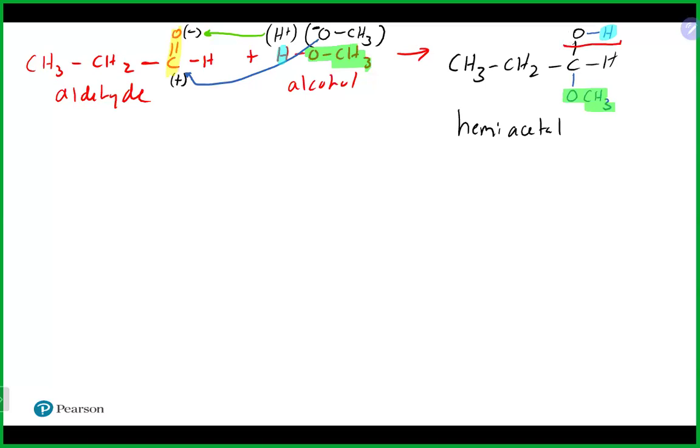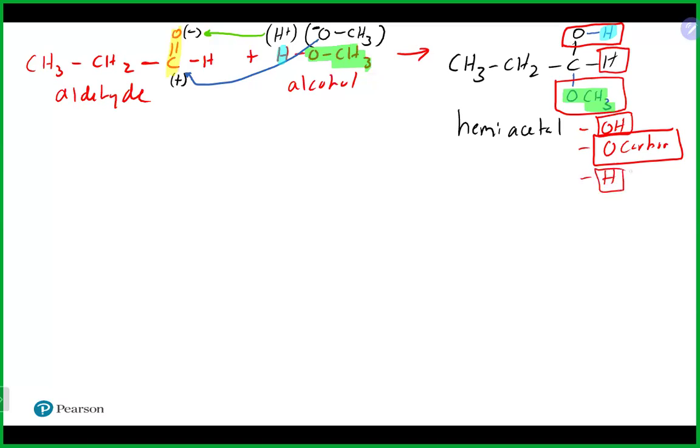It has an OH group, so it has this OH group. It has this oxygen carbon group, and it has a hydrogen. And that's the main components of a hemiacetal, is it will have those three components.